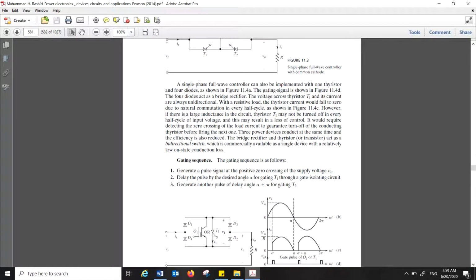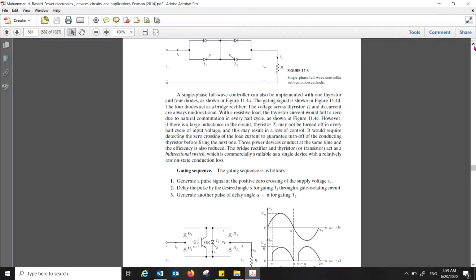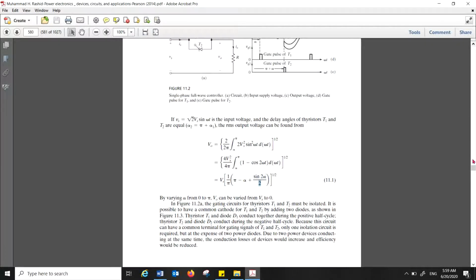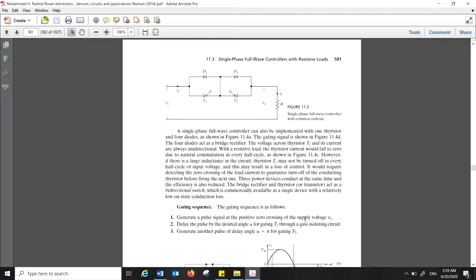Like that. This kind of configuration. If it's a positive pulse, it will go this way. Okay, pretty interesting.